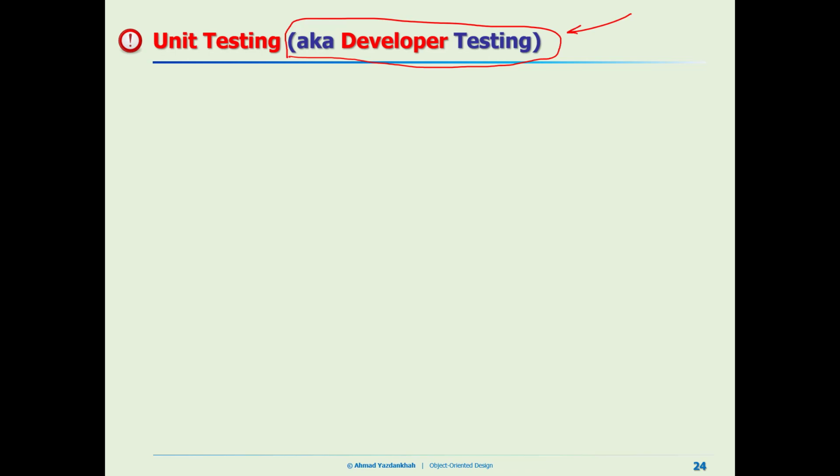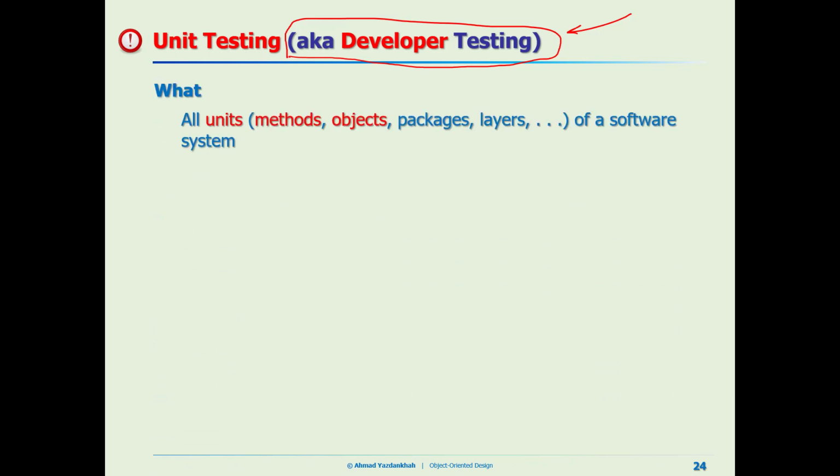Okay, so let's see what unit testing is, and answer some questions. First of all, what is it? In unit testing, we test all the units. What are units here? Yeah, methods, for example, or the objects, the classes, the packages, the layers.